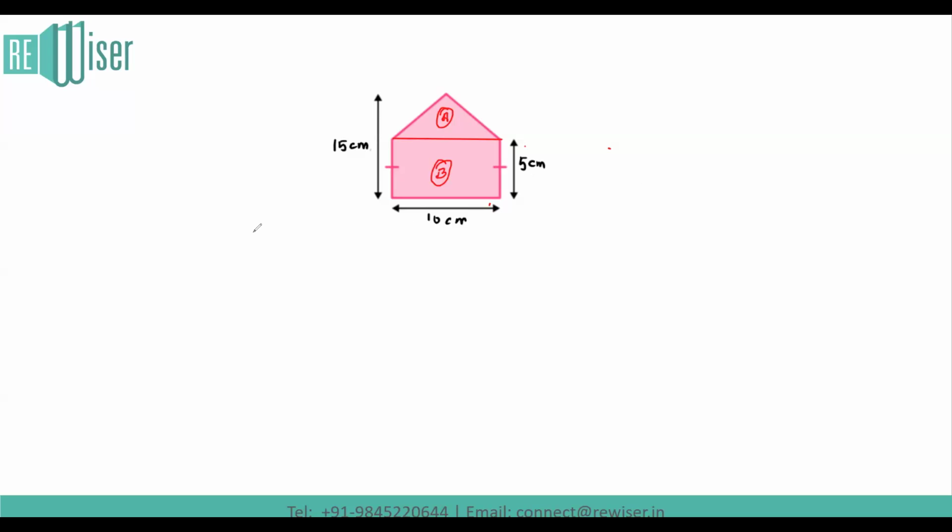So area of triangle is half into base into height, which is half into the base is 10 and the height is going to be 5. Oh, the height will also be 10 here because this length is 5.